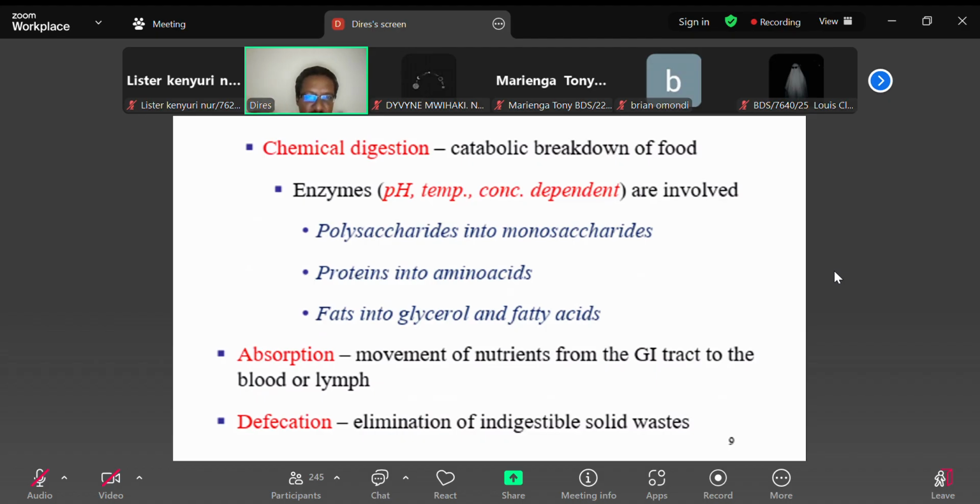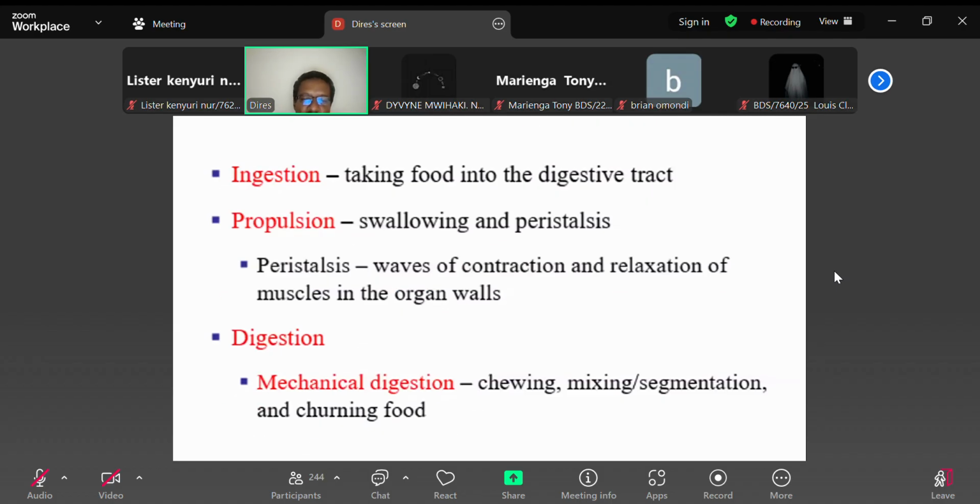As you know, enzymes are sensitive to pH, temperature, and concentration. So in chemical digestion, polysaccharides are converted into monosaccharides, proteins into amino acids, fats into glycerol and fatty acids. But in mechanical digestion, only the size of the food is changed.